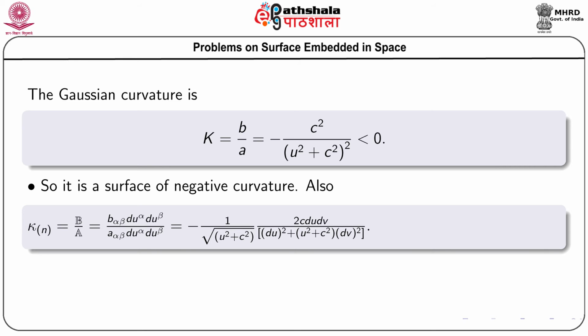The expression comes like this: in the numerator minus 2c du dv, and in the denominator root over u square plus c square times du square plus u square plus c square dv square. So, this is the expression for normal curvature.